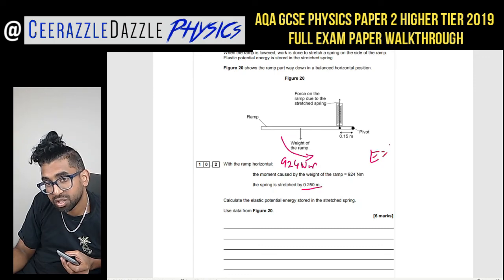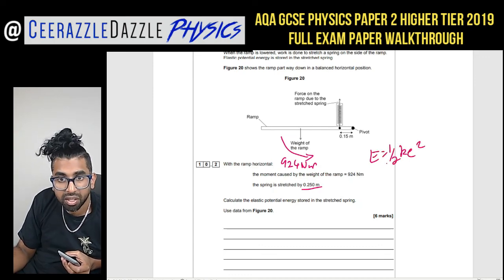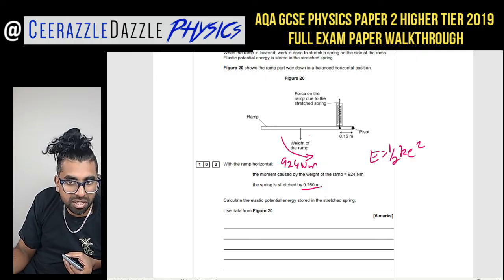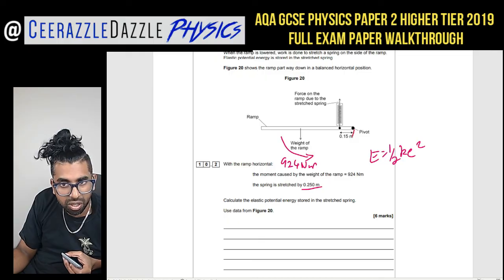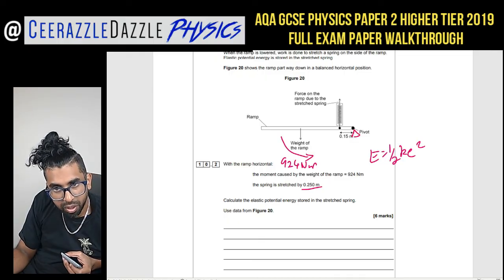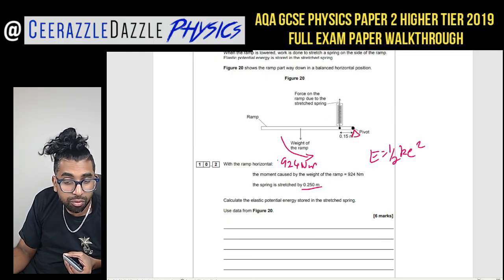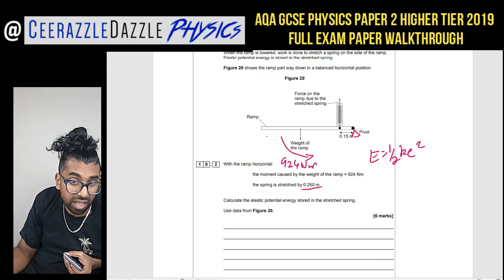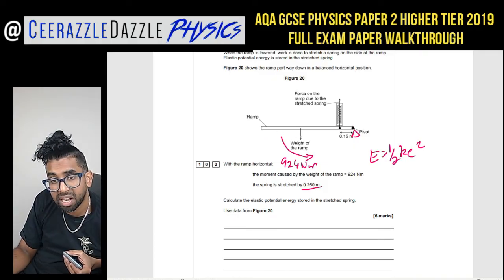Elastic potential energy is equal to a half k e squared. That's the formula. But we don't have k. We don't have k. But it's something about moments here. So look, we know there's a pivot point here. We know that for the ramp to be balanced, the sum of the clockwise moments must be equal to the sum of the anti-clockwise moments.